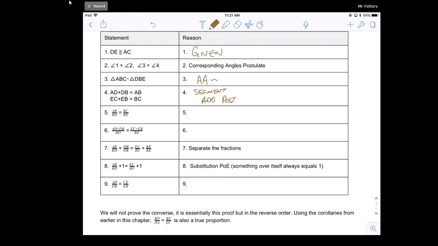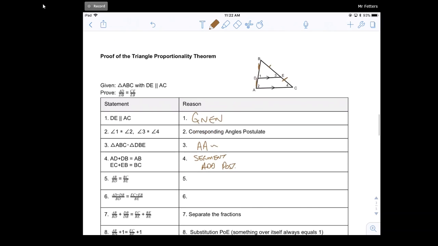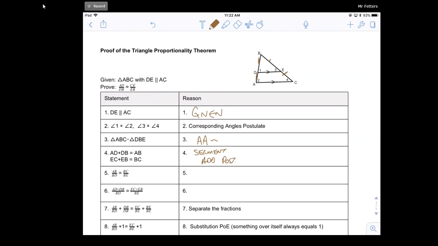And so then I can put this up here, and now I have that AB over BD is equal to BC over BE. And we know that because since I have corresponding triangles, I know that AB over BD, okay?